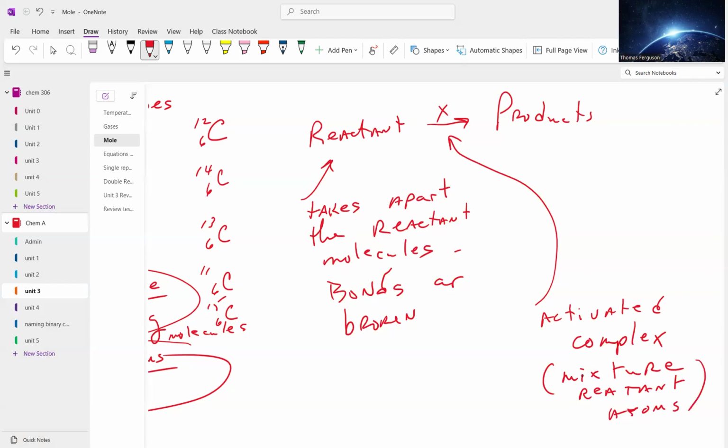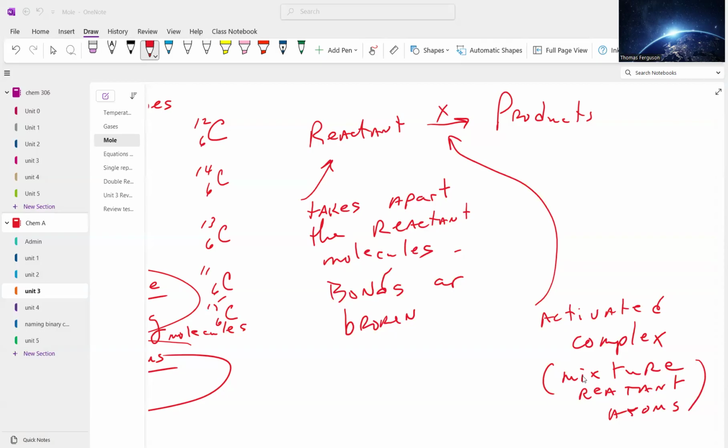Okay, so that in the middle there are the atoms from the reactant that are broken up by the energy put into the system. And that's one of the things called the activated complex.